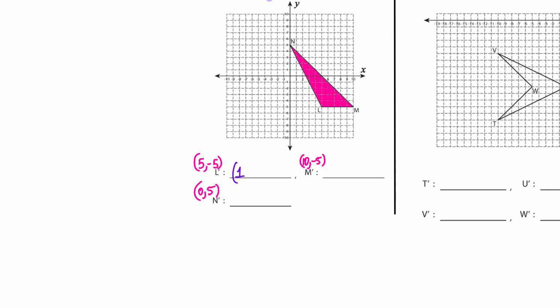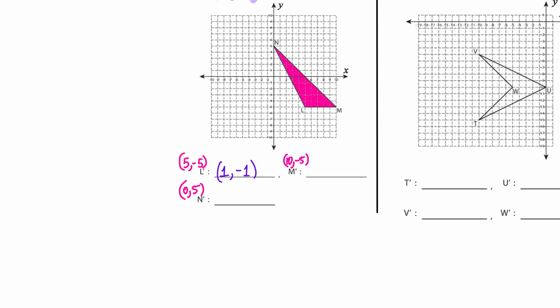And then what is negative 5 times 1/5? Is negative 1. Yep. Okay, what is 10 times 1/5? 2. And then what is negative 5 times 1/5? Negative 1. And then 0 times 1/5 is 0, obviously. And then 5 times 1/5 is 1.